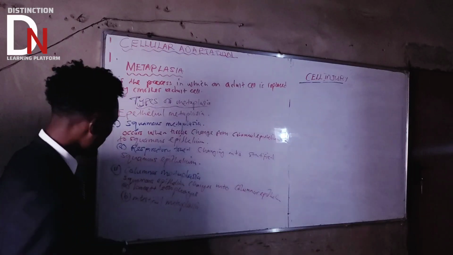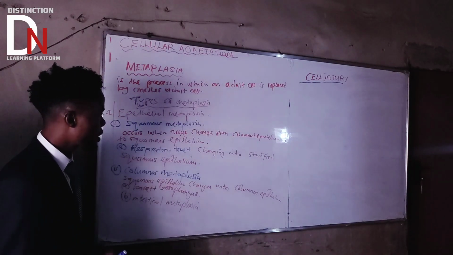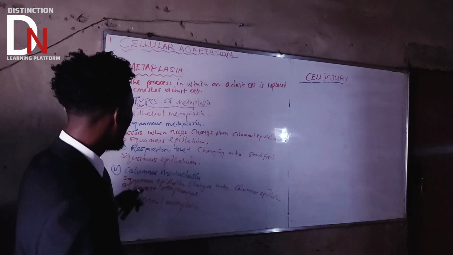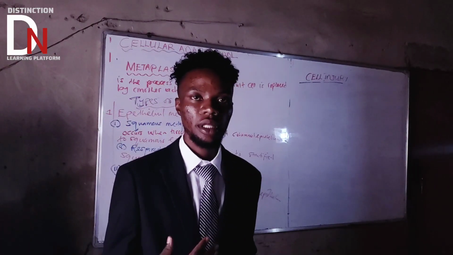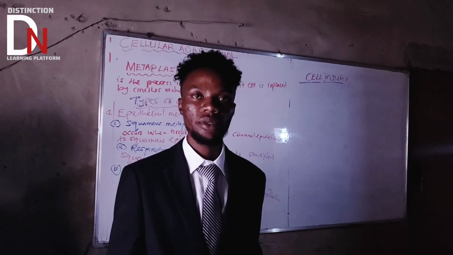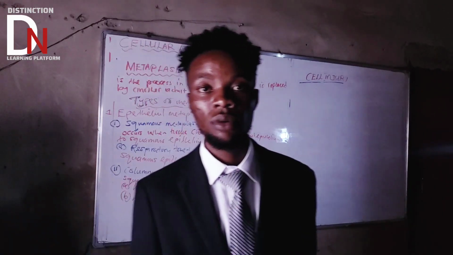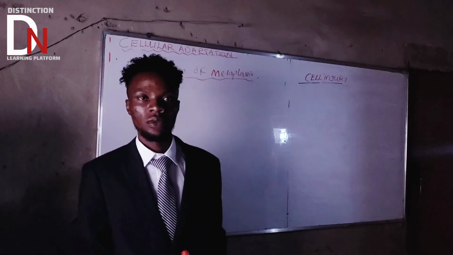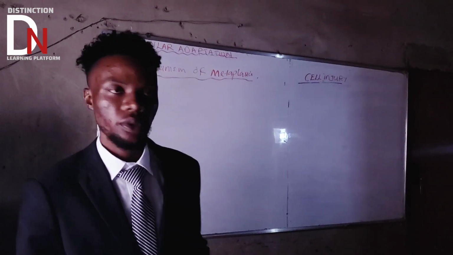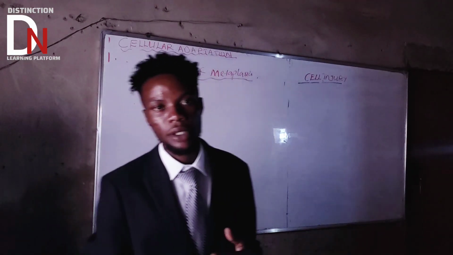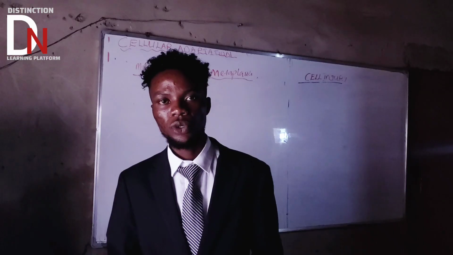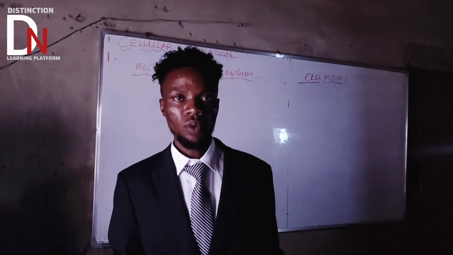Now that we've talked about that, let us talk about the mechanism of metaplasia, and the last part will be the morphology of metaplasia. So, the mechanism of metaplasia, what is the overview?